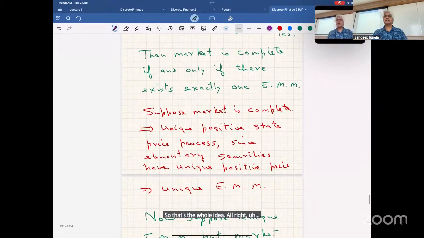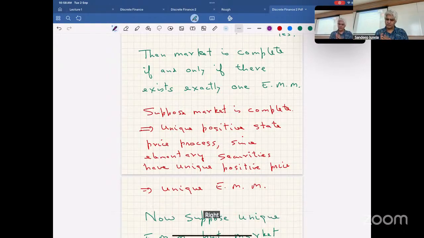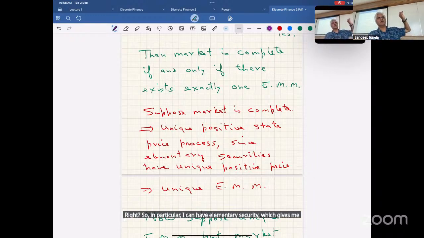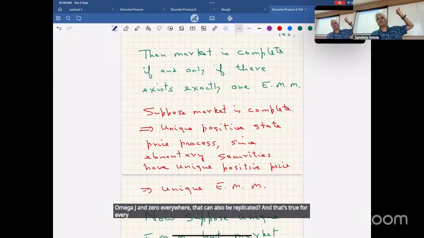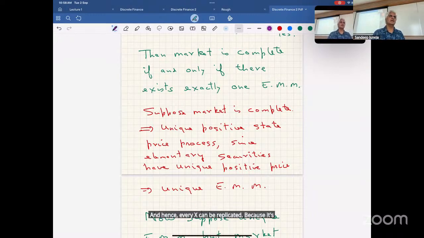So suppose the market is complete. Every security can be replicated, right? So in particular, I can have an elementary security, which gives me 1 in scenario omega j and 0 everywhere else. That can also be replicated, and that's true for every omega j. So every elementary security can be replicated, and hence every payoff x can be replicated, because it's a basis.